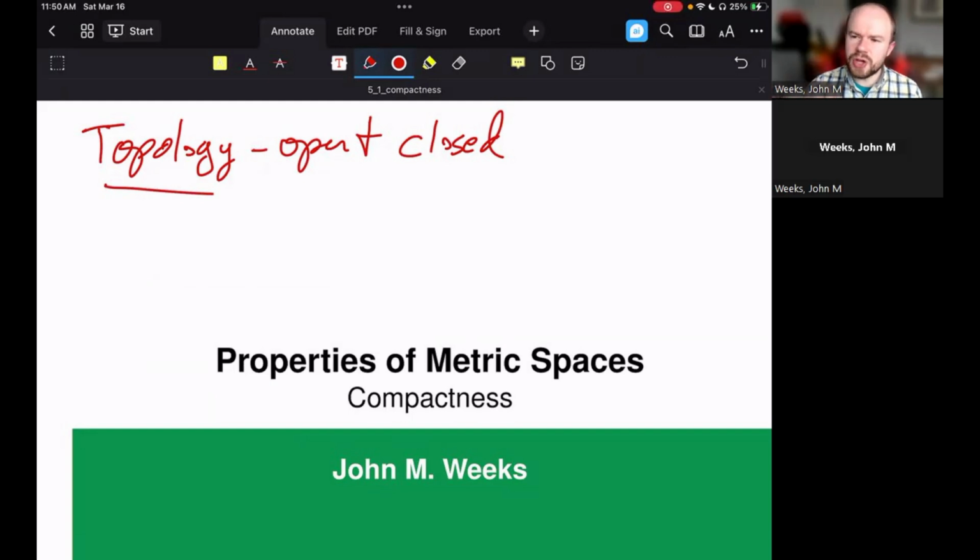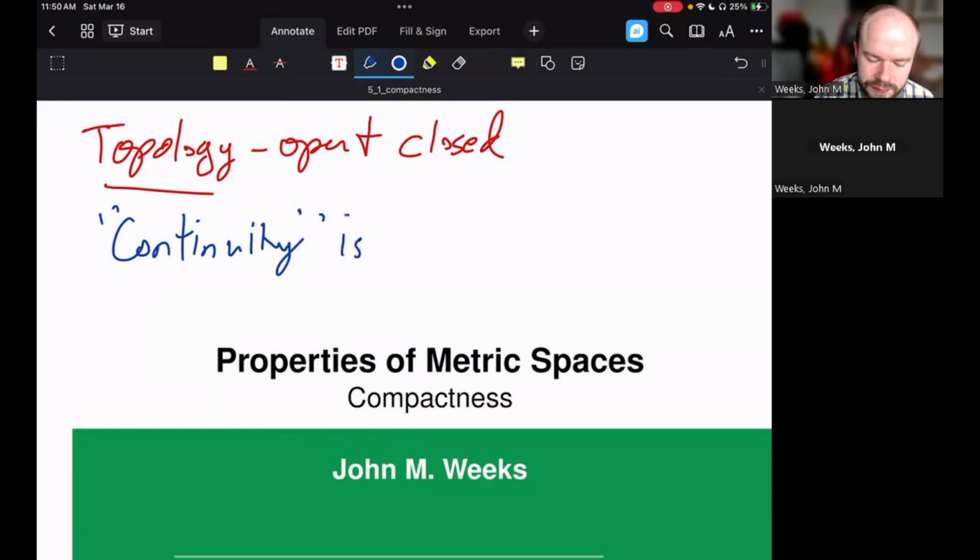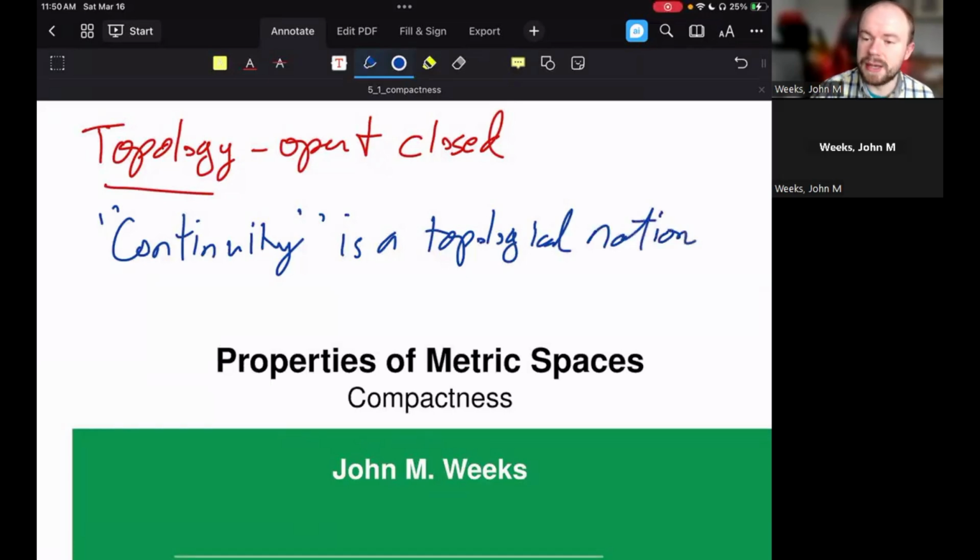But a notion that is also very related to topology that we saw last week is that continuity is a very topological notion, because it doesn't really have much to do with needing a particular epsilon and delta ball, like we saw in our final formulation of continuity when we visited it on the second video lecture of last week.